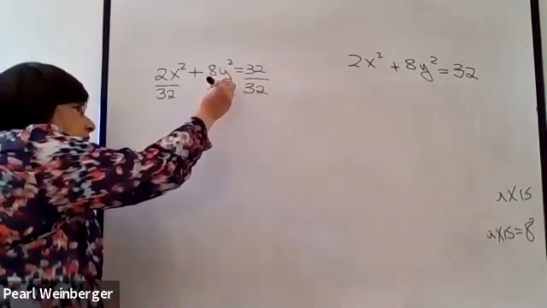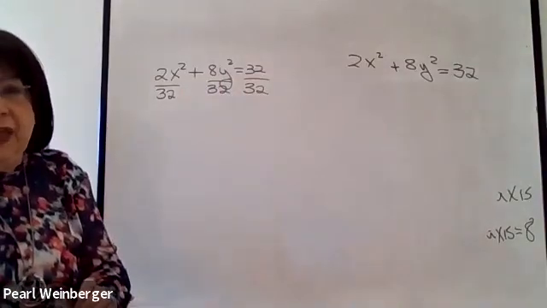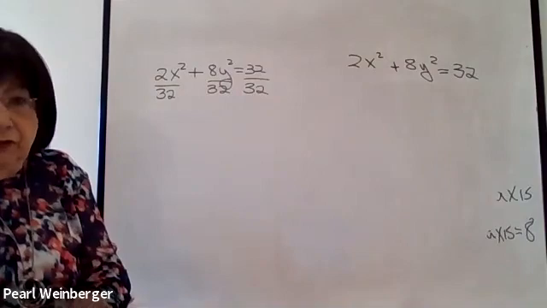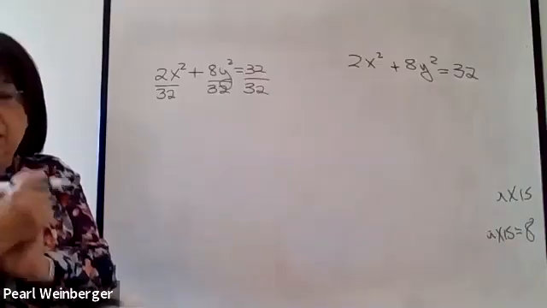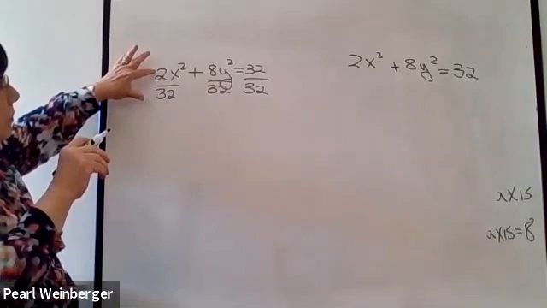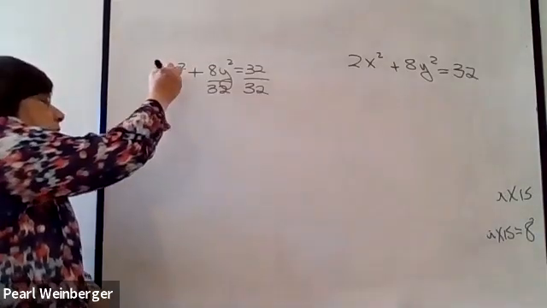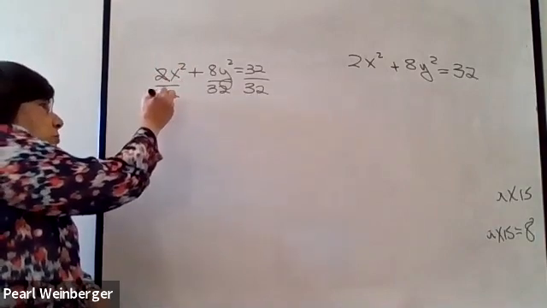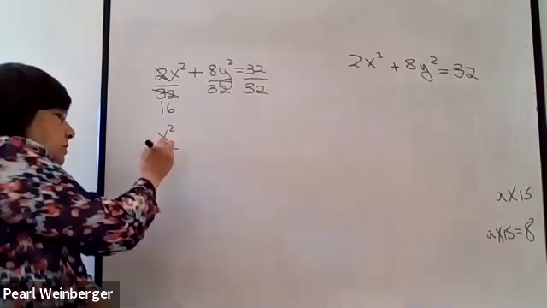Whatever decisions I'm making about an ellipse, I have to first have that ellipse in standard format. If it's not in standard format, put it in standard format, then I can make decisions. Well, over here, I have a 2 on top and a 32 on the bottom, so I can reduce this. The 2 goes into the 32, 16 times. So that'll give me x squared over 16.